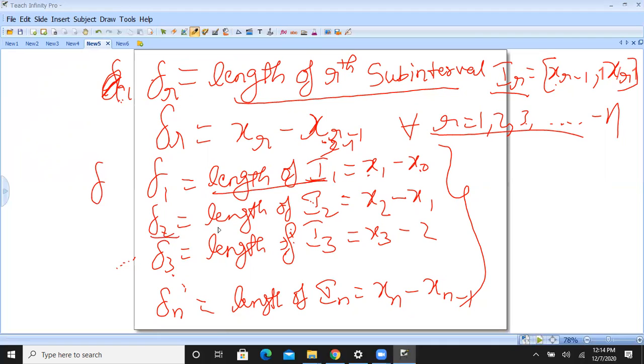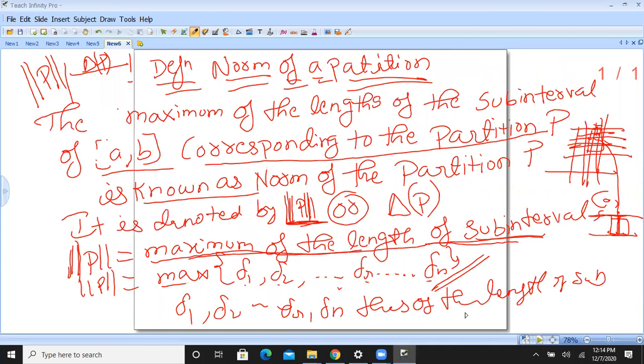Next, delta 2, the length of I2, is x2 minus x1. Delta 3, the length of I3, is x3 minus x2. As usual, the nth term delta n is the length of In, equal to xn minus x(n minus 1).